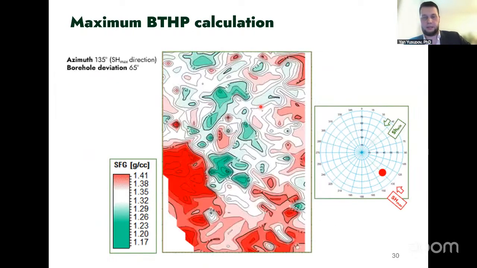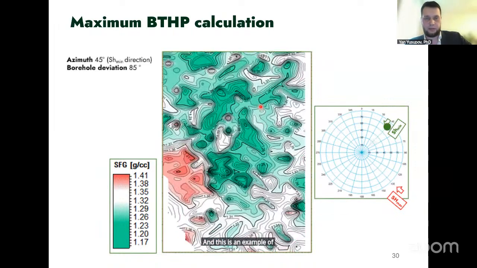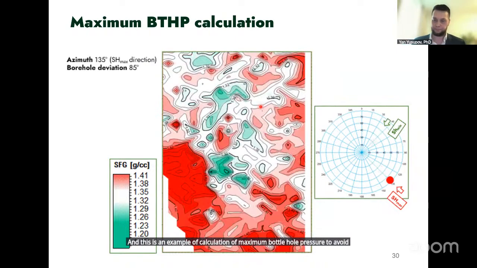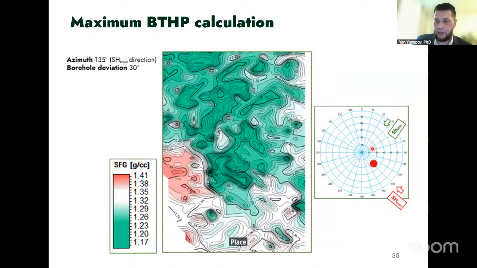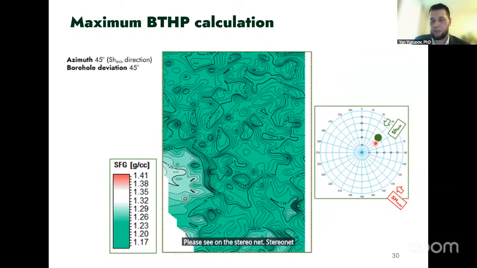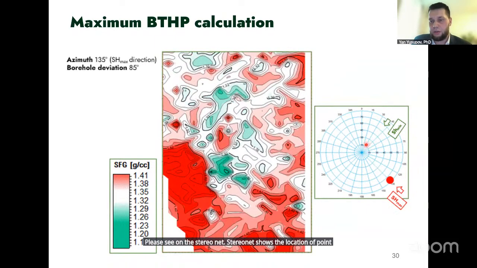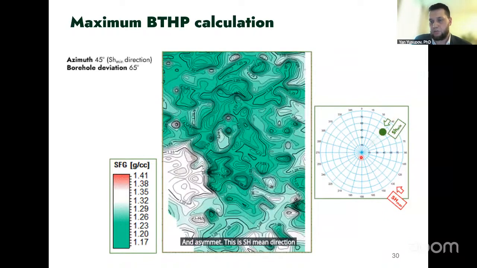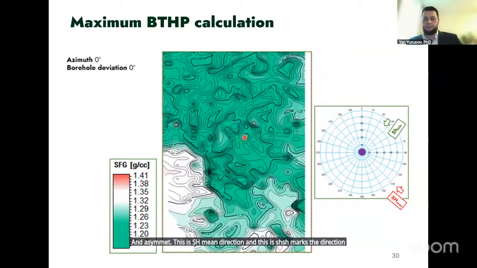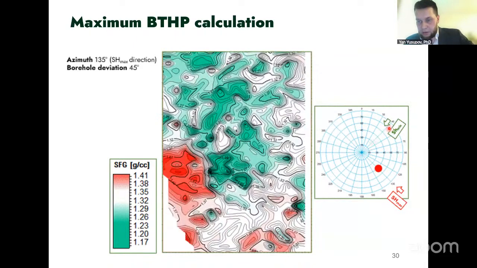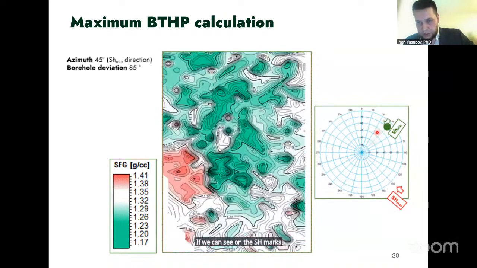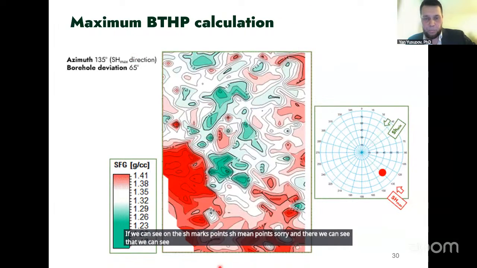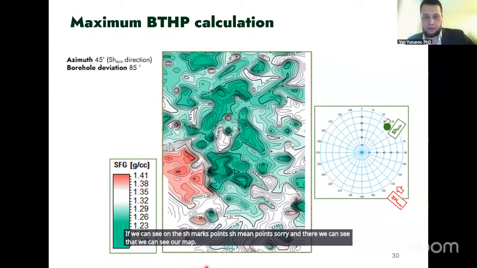And this is an example of calculation of maximum bottom hole pressure to avoid sand production. Please see this stereonet. The stereonet shows the location of points by deviation and azimuth. This is the SH min direction and this is the SH max direction. Looking at the SH min points, we can see that our map is mostly green.